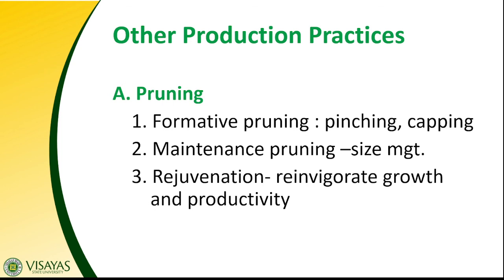There is formative pruning, such as benching and capping, and then maintenance pruning, where we want to manage the size of our crop, and then rejuvenation, meaning to reinvigorate the growth and productivity, or making the old plants become young again.